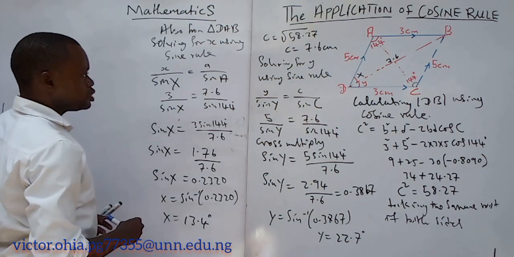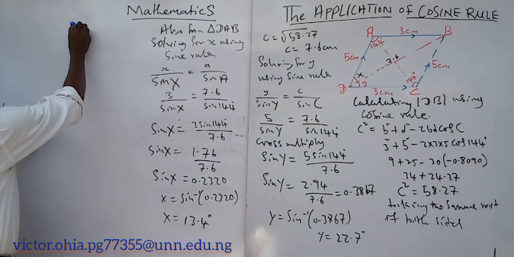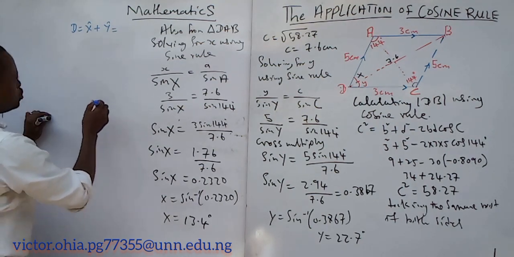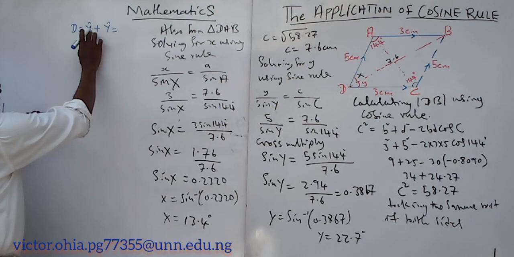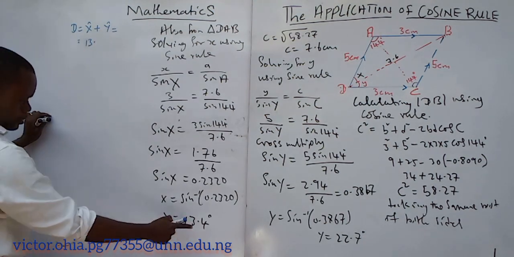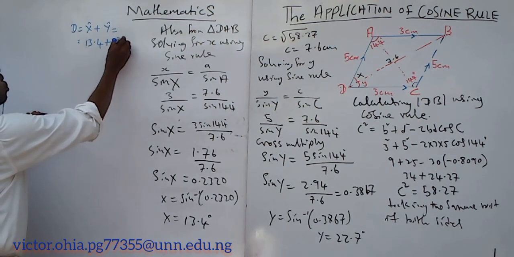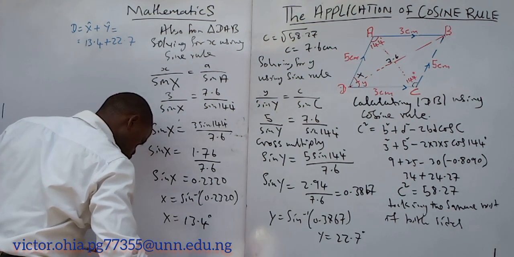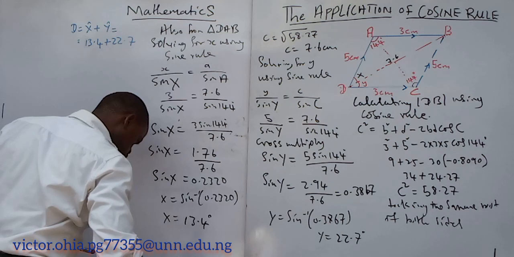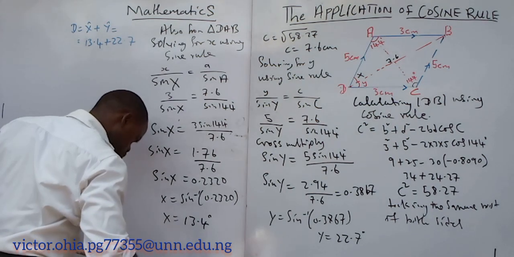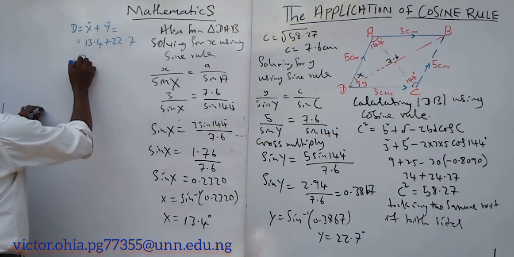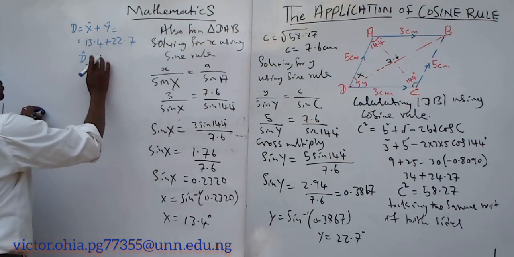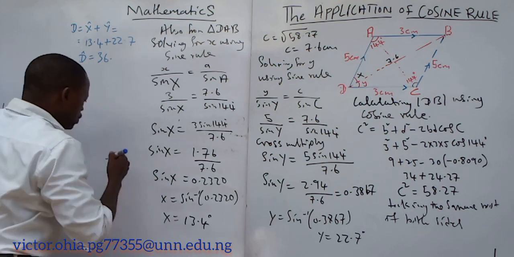D is equal to the angle X plus the angle Y, which is 13.4 plus 22.7 equals 36.1. So the angle at D is 36.1 degrees.